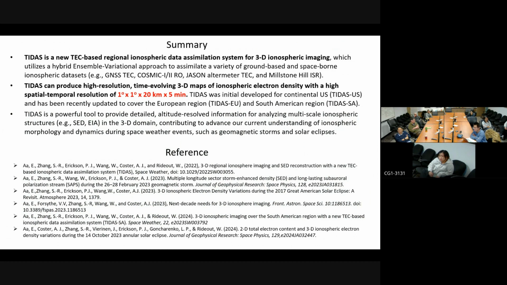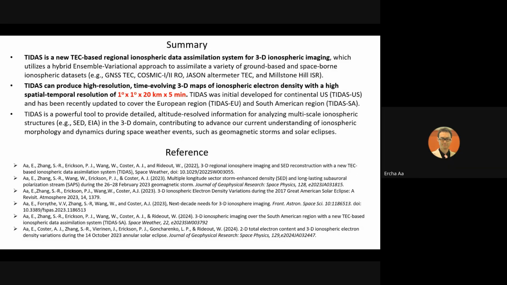Also, the data source you have been using is mostly either TEC integrated or the electron density. So what do you think are the future directions to make use of other variables, for example, the SuperDARN measurements of the convection, or anything else that can be well used by the assimilation tool? That's a very nice question, because currently we are using an empirical background model and we only do electron density data assimilation.